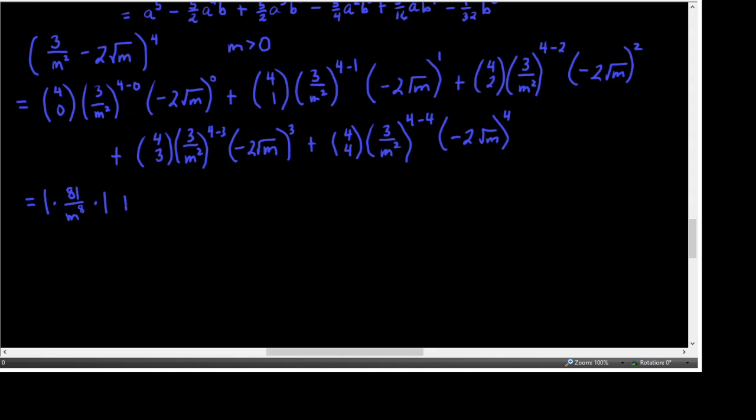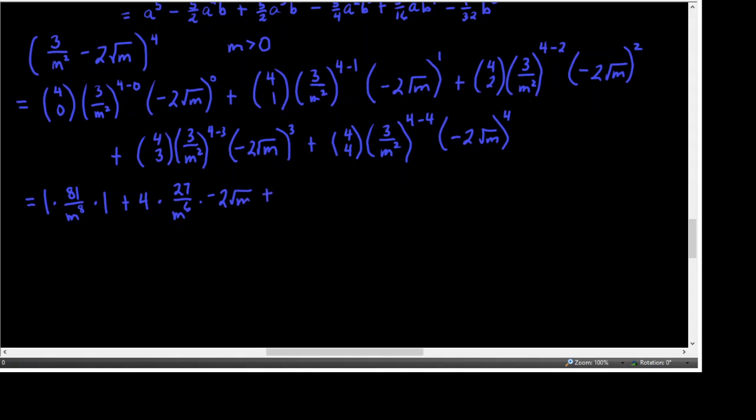Okay, 4 choose 1 is 4. 4 minus 1 is 3, so 3 cubed is 27 over m squared cubed, which is m to the 6th, times negative 2 square roots of m, plus.